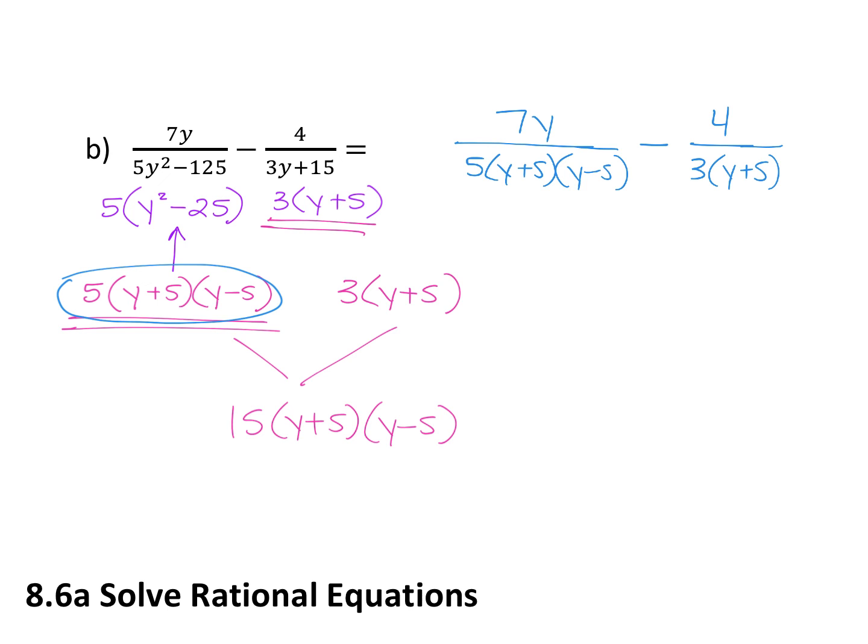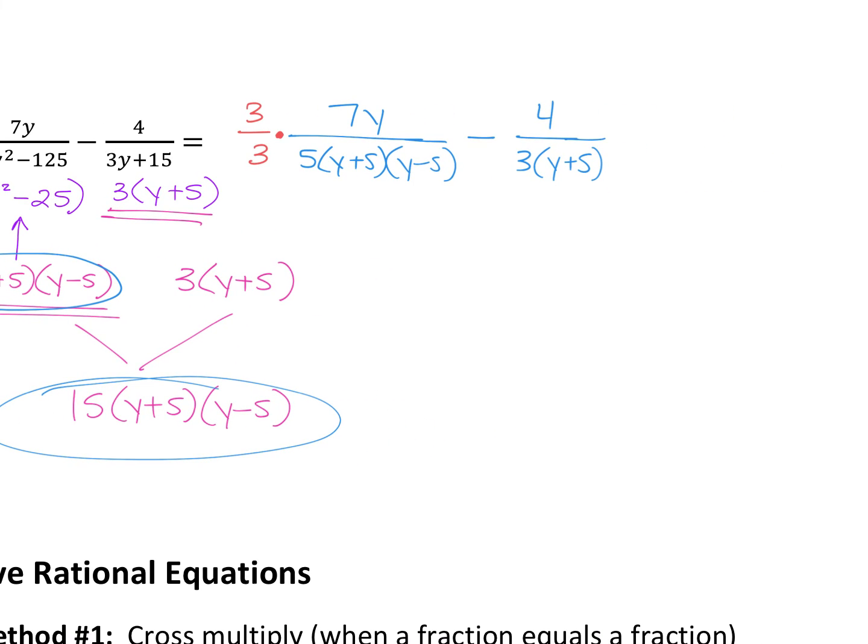Okay, so this is essentially where we're at right now. We said we want 15 y plus 5, y minus 5. So to make the left side that number, what am I multiplying by on top and bottom? 3 over 3. Okay. On the right side, what do I need to multiply by? 5 and y minus 5.